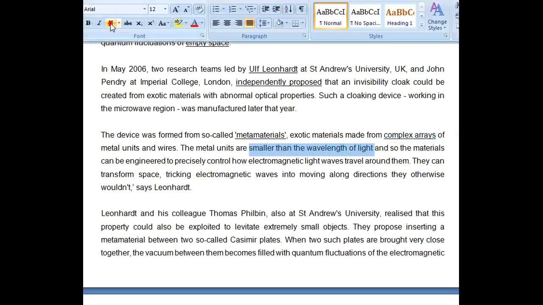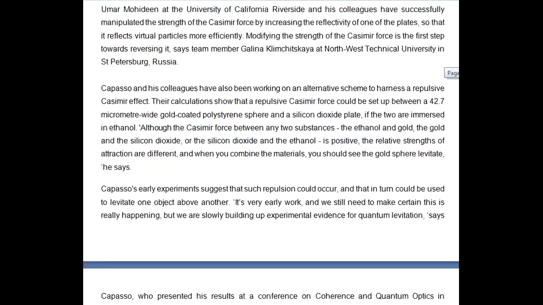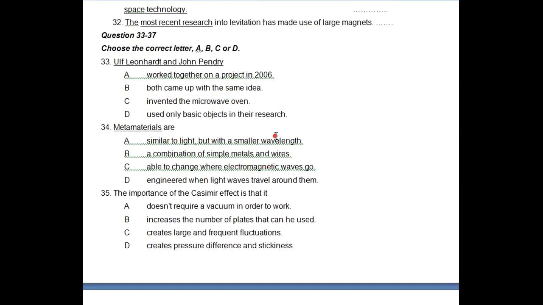So two wrong answers we have got, and so the materials can be engineered to precisely control how the electromagnetic light waves travel around them, right? They can transform it. Okay. So let me go back because this is a bit difficult one, I think. Let me see, similar to, right, or this one is wrong.